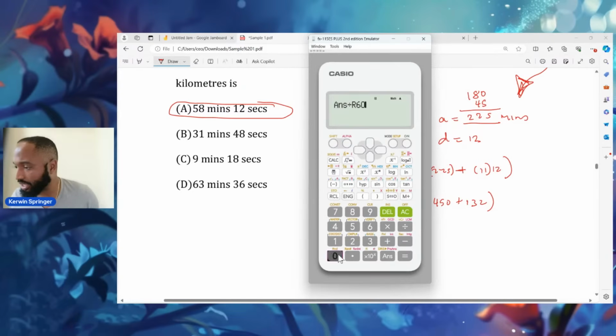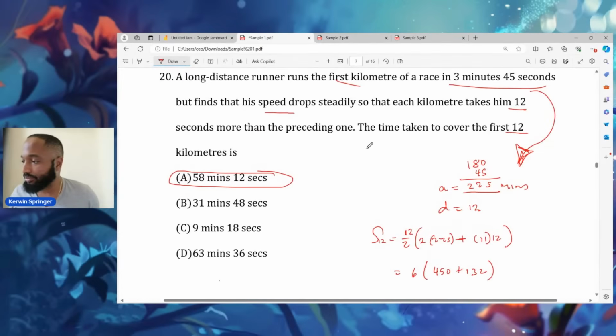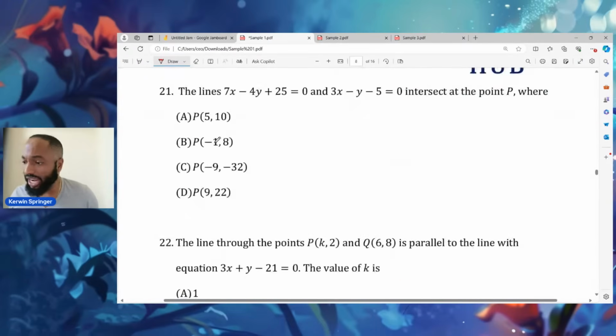What was the number that we had from before? 3492. 3492 alpha this and you divide by 60. So it will give you 58 remainder 12. You understand? So 58 minutes, 12 seconds. Might help you in the future. You never know. All right, enough for that question.